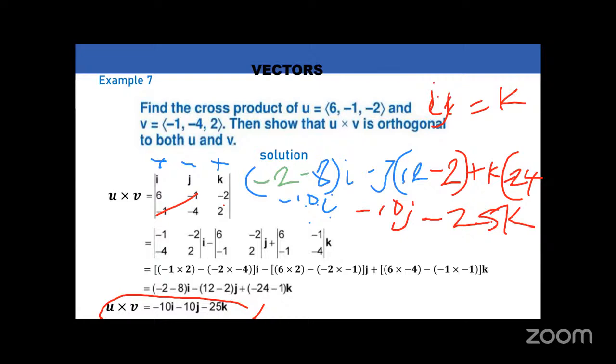So let's rename U cross V as vector W. So vector W, U cross V, is equal to vector W, which is equal to minus 10I minus 10J minus 25K.